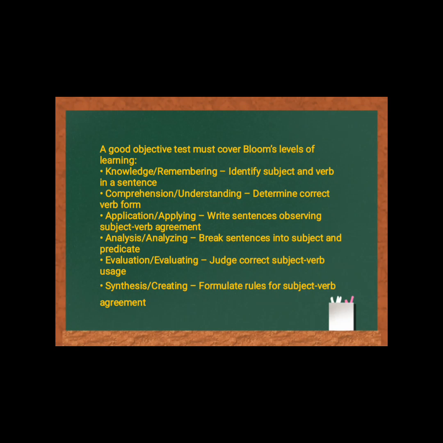Next is evaluation or evaluating: judge correct subject-verb usage. Meaning the students know how to judge or evaluate whether a sentence is correct based on subject-verb rules. Here you can give them paper and pencil test questionnaires like modified true or false.